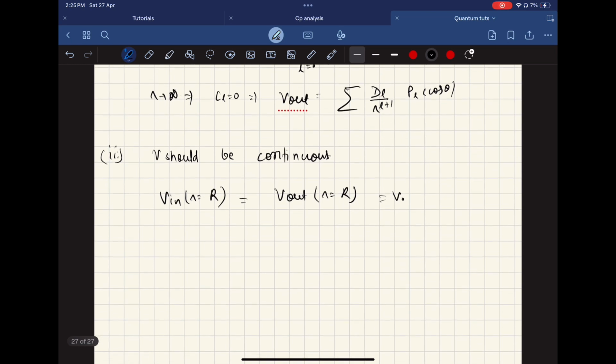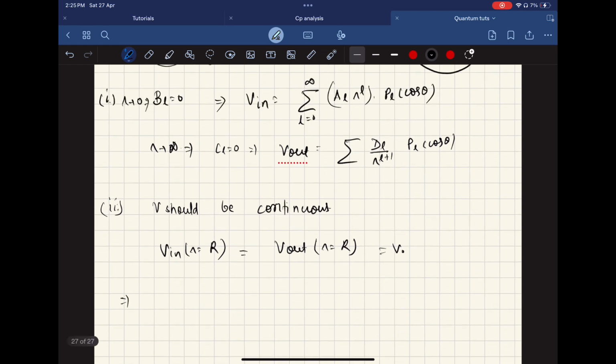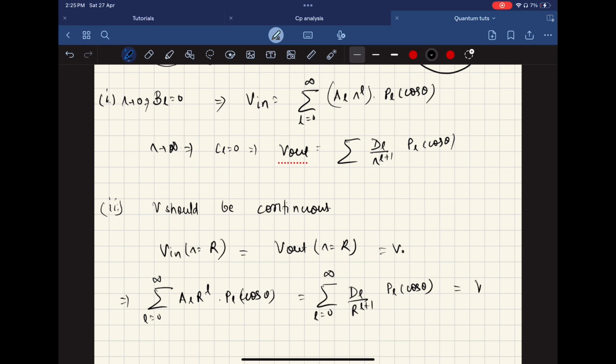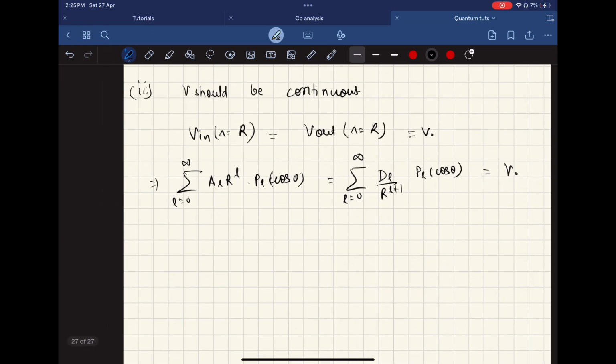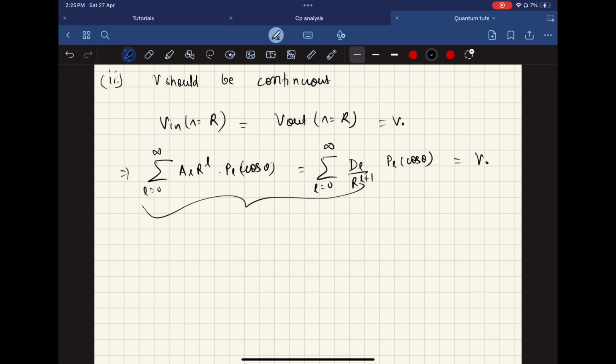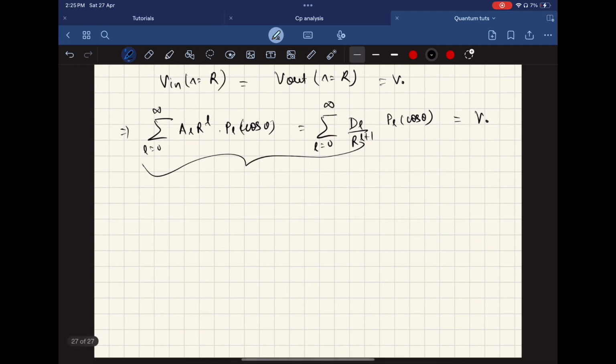From here we have the summation over L from 0 to infinity of A_L R to the power L times P_L(cos theta) equals the summation over L from 0 to infinity of D_L over R to the power L plus 1 times P_L(cos theta), which equals V0. So now let's see this part separately.